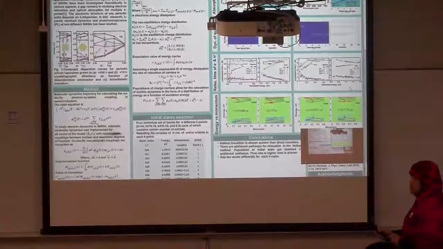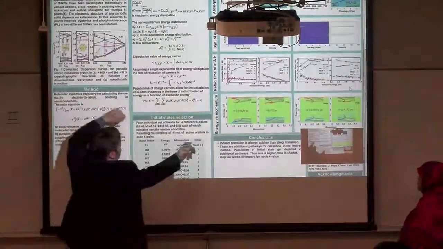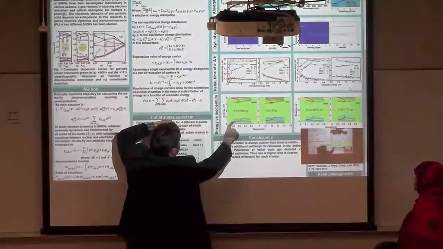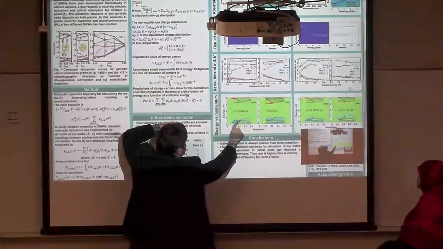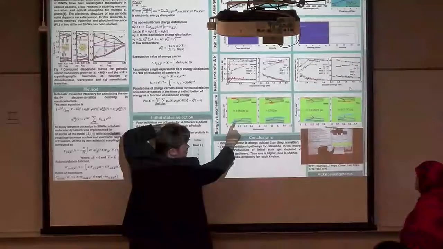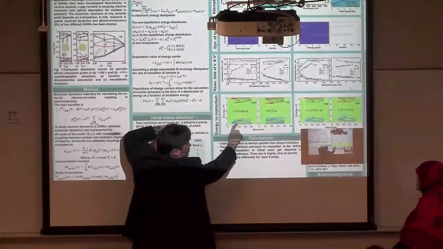Can I interrupt? Sure. I know that time is up and it might not be enough time, but the energy function has two components. Y is energy and X is momentum.